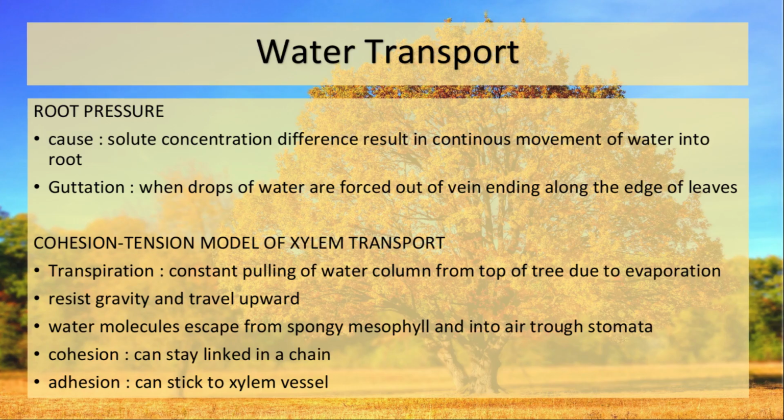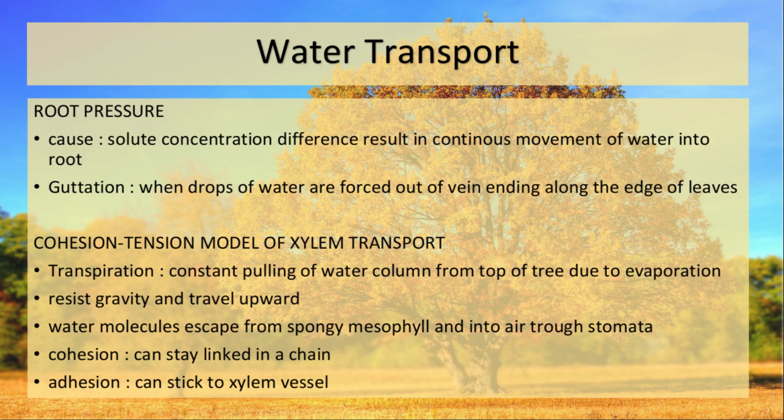The next way is cohesion tension. Water must travel from roots to the leaves, which means they travel against gravity. This can be hard for tall plants especially. Transpiration is the phenomenon that explains this cohesion tension model. Transpiration is the constant pulling of a water column from the top of the tree due to evaporation.